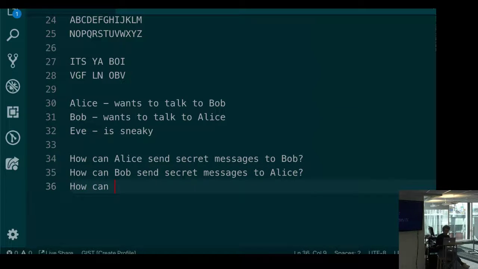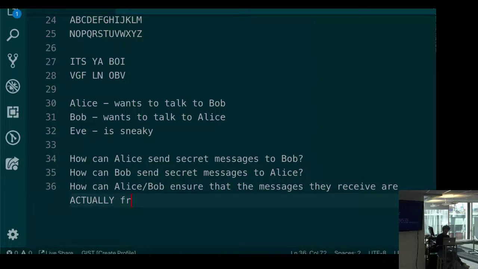How can Alice or Bob ensure that the messages they receive are actually from Bob or Alice, and not something that Eve put together?